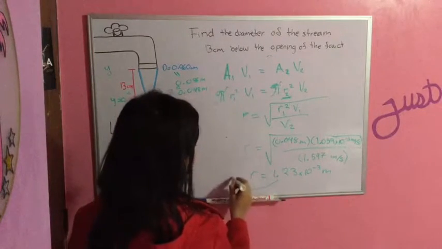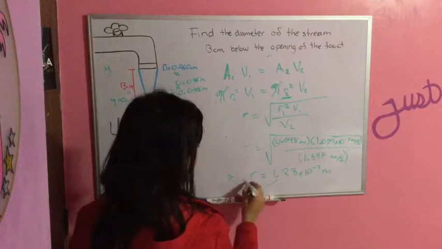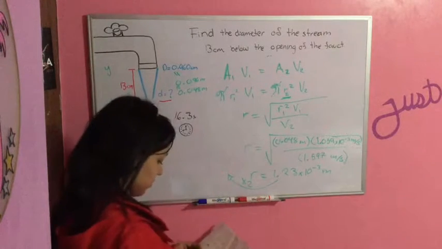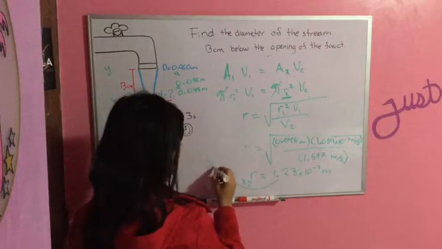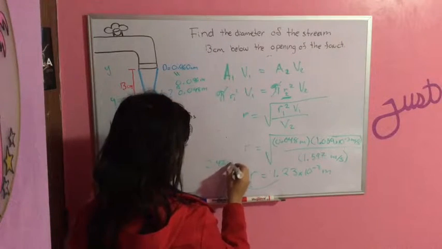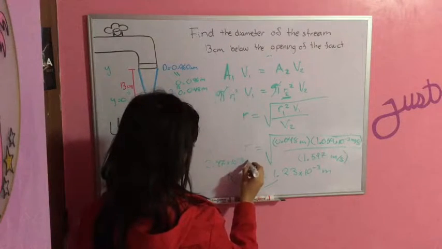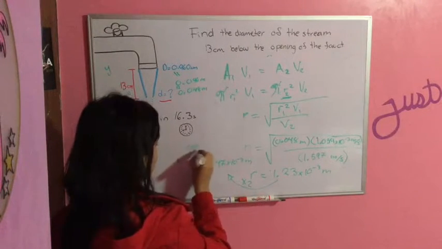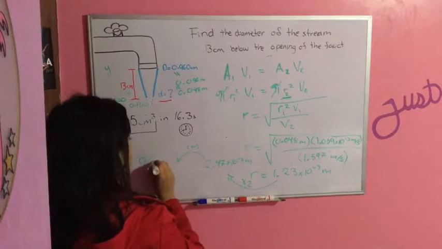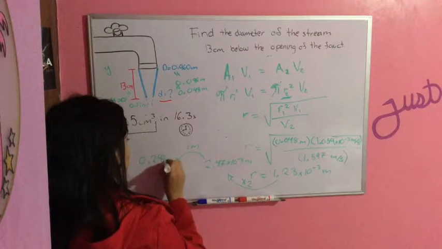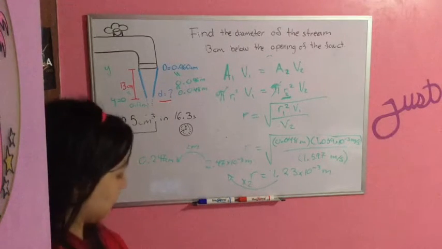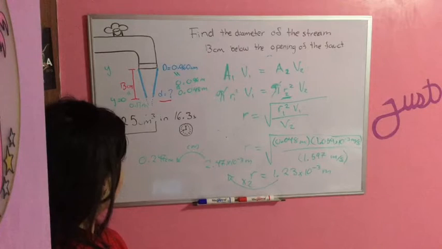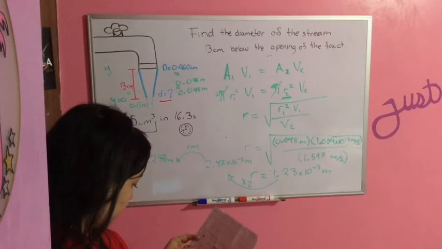Now that you get the value for the radius, you have to multiply it by 2 in order to get the diameter, and then you get 2.47 times 10 to the minus 3 meters, and then you have to transform that into centimeters, so you'll get 0.247 centimeters of the diameter, and that's the final answer.